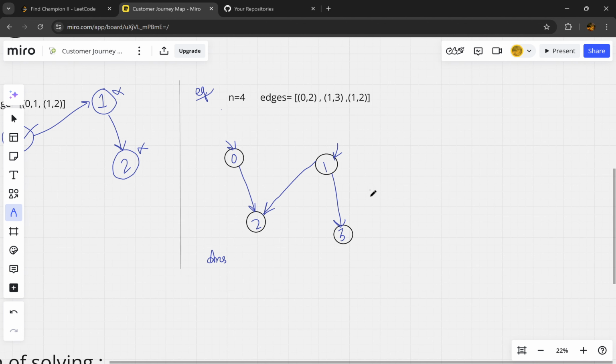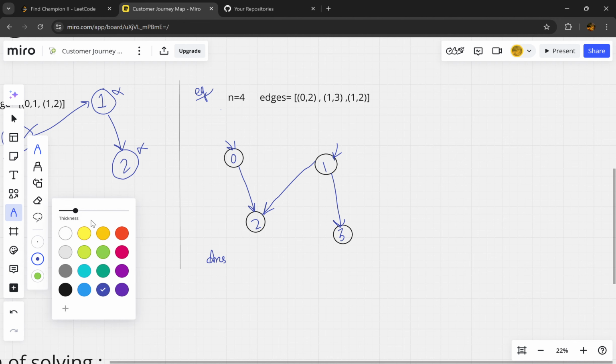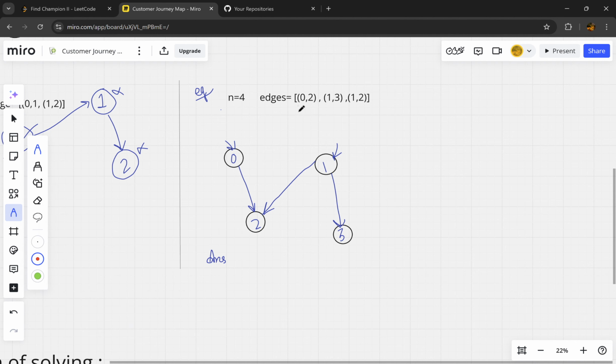In this next case, we are given these edges and the number of nodes is 4: 0, 1, 2, 3. Now let's see first, 3 is a weaker team in comparison to 1.